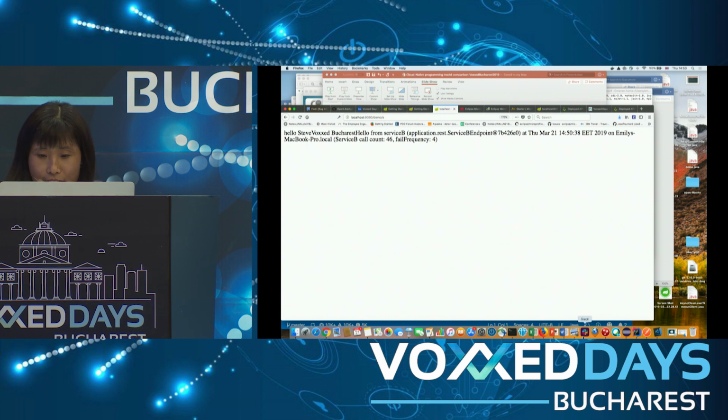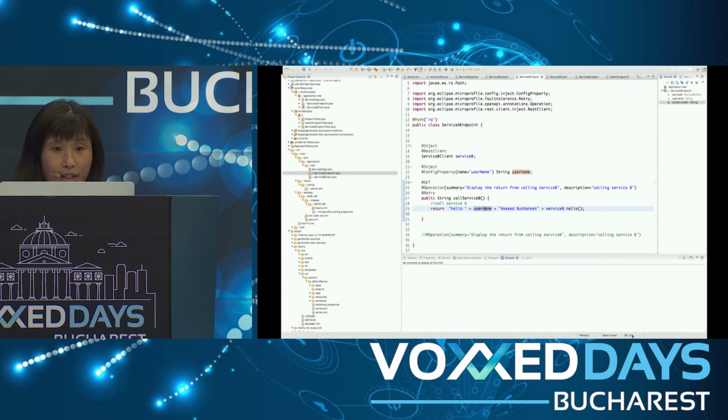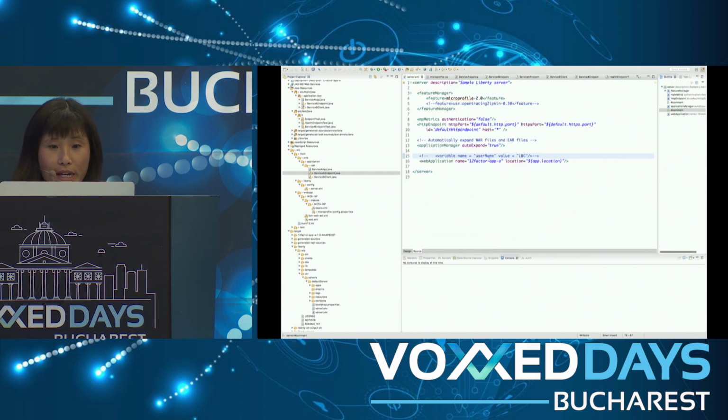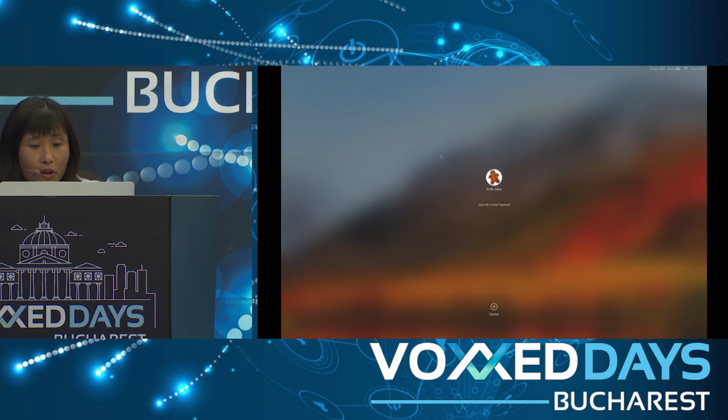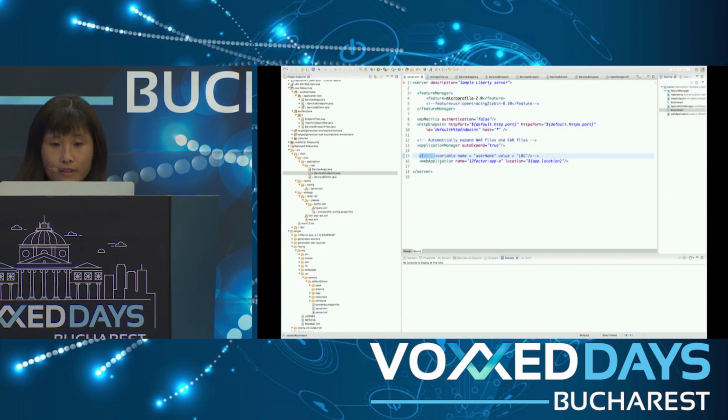The other thing Open Liberty does is we have server.xml, which by default is dynamic. It's also an auto-boxed dynamic config source for me.